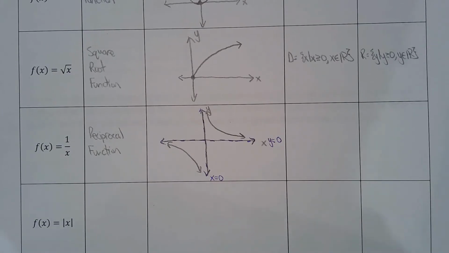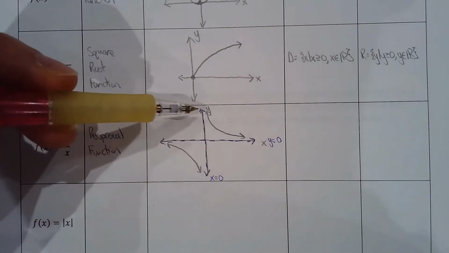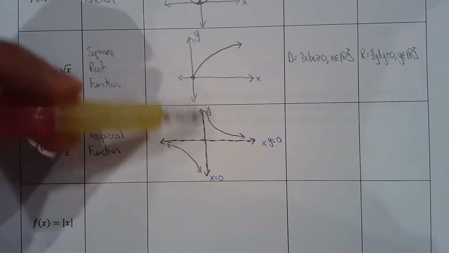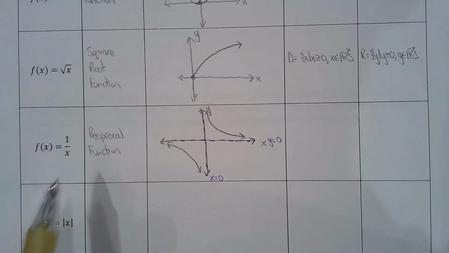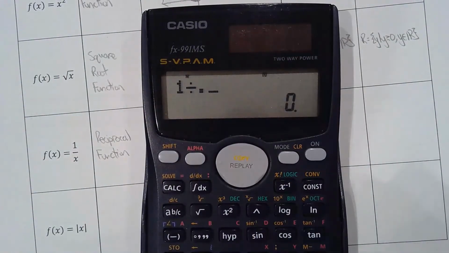Now, what about the vertical asymptote? Can we explain the asymptote? When the input value is approaching 0, you'll see that 1 over 0.1 is 10, and then 1 divided by 0.01 is 100. So if you get closer and closer to 0, whoa, the numbers get bigger and bigger and bigger, right?